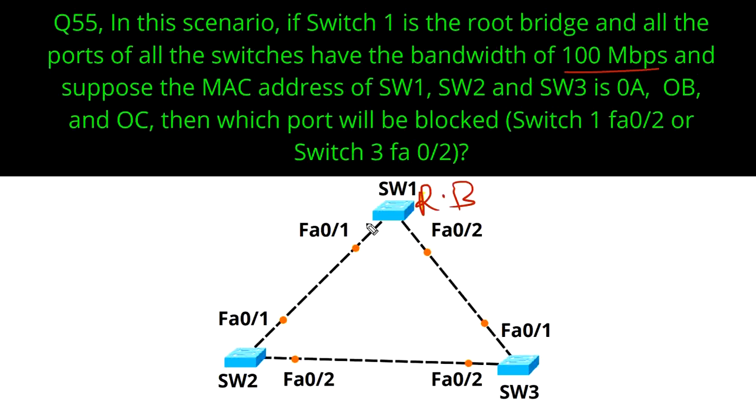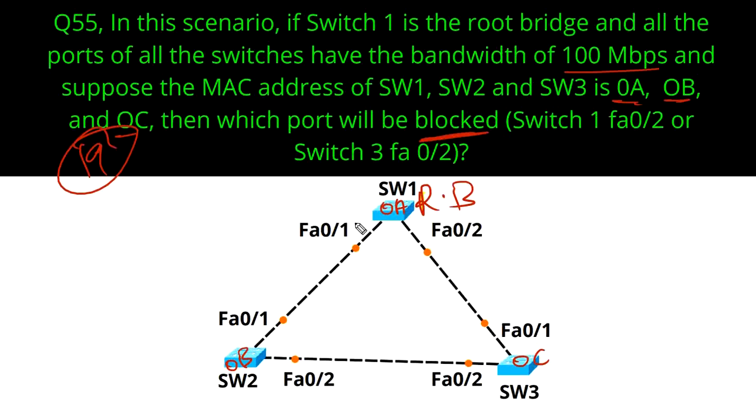So the bandwidth of all links is 100 Mbps, so definitely the cost will be 19 for all ports, okay. Suppose the MAC addresses of switch 1, switch 2 and switch 3 are 0A, 0B, 0C. So definitely switch 1 will become the root bridge switch because it has the lowest MAC address, because priority is the same, right? Then which port will be blocked?